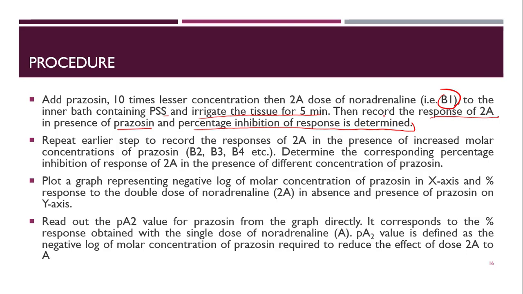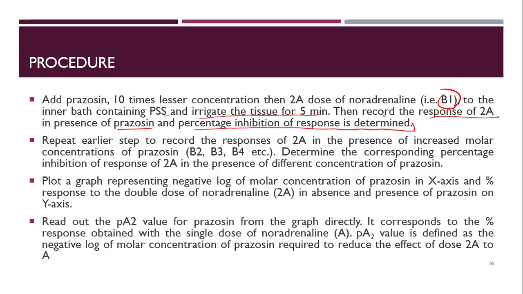So the first concentration that we have considered of prazosin, we will call it as B1. The next concentration we will call it as B2, B3, B4, etc. So we have to determine the corresponding percentage inhibition of response of the 2A in presence of different concentrations of prazosin.